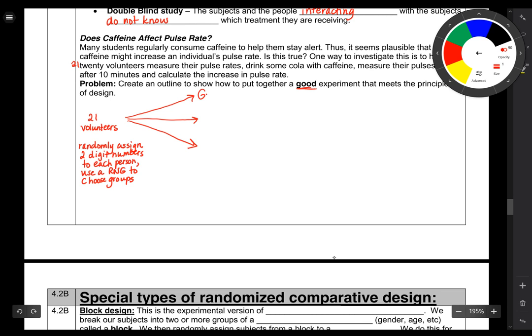You have group 1, group 2, and group 3. And you already said that they were randomly assigned. So group 1, and then write down what treatment they're getting. Group 1 would be soda with caffeine. Group 2 would be soda without caffeine.